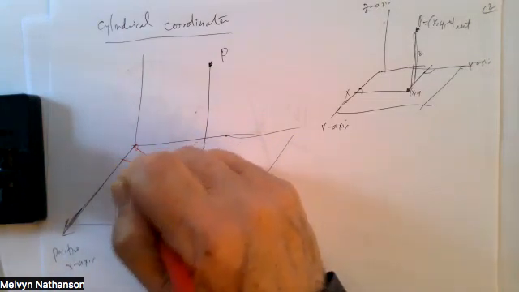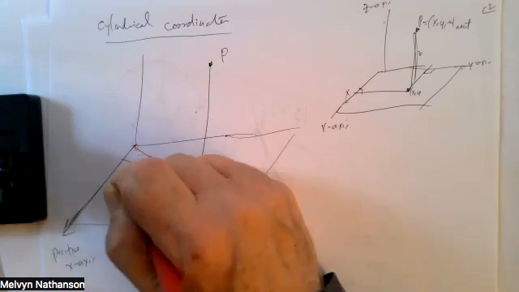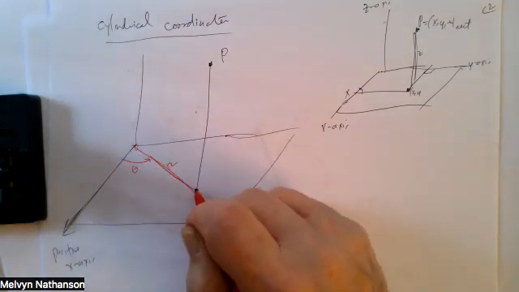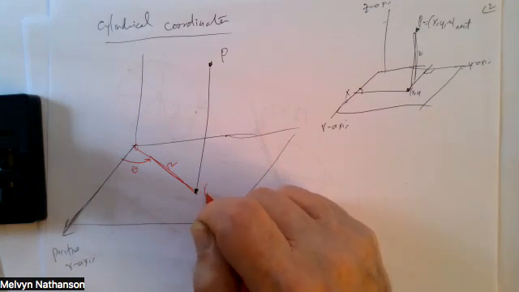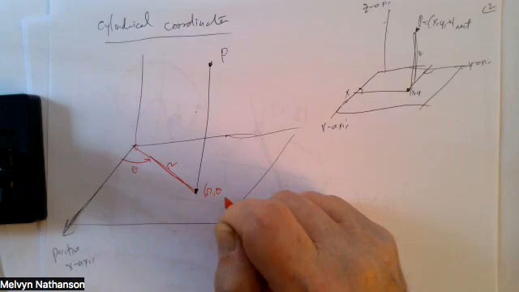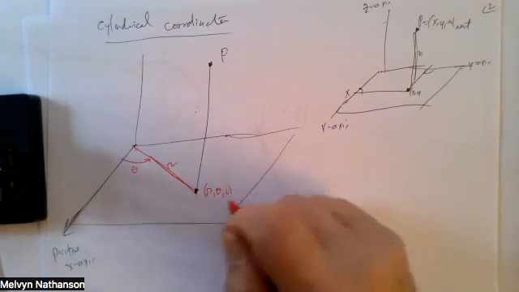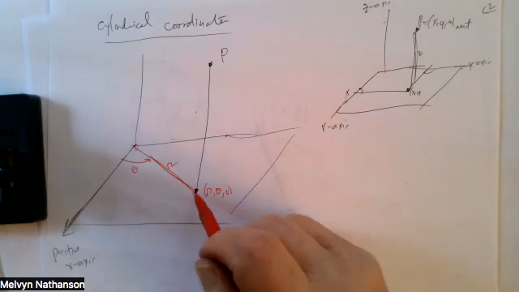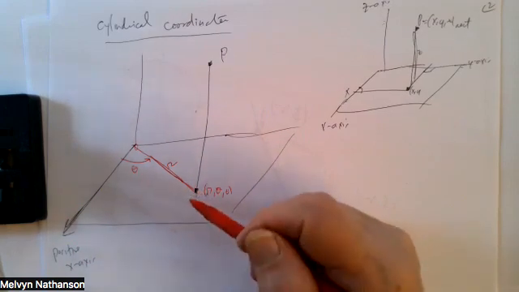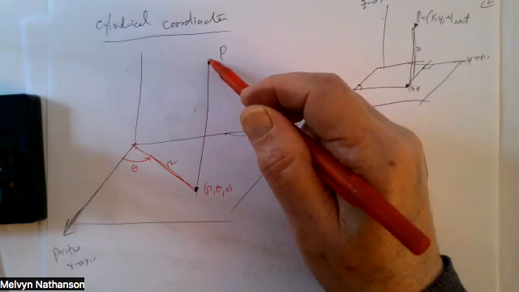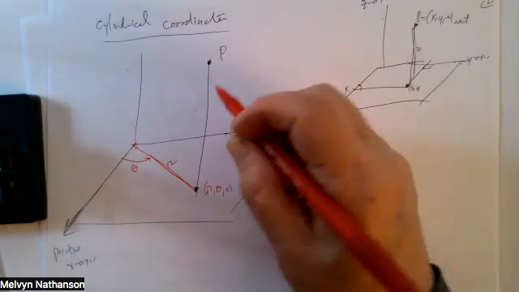You take the angle from the positive x-axis to this ray, that's a certain angle theta. So in the xy plane, this point has polar coordinates r, theta, where z is 0, because it's 0 height above the plane. So r and theta are the polar coordinates of what you get when you project your point into the xy plane.